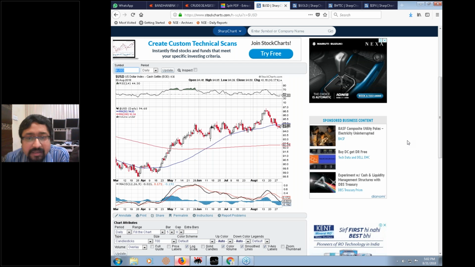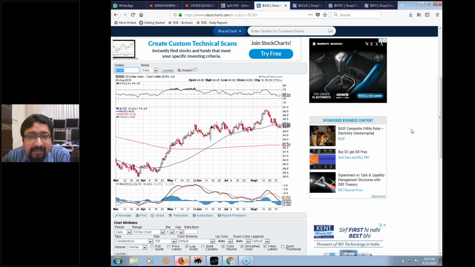So the trend is pretty clear. It is an uptrend. The last closing of the dollar index is at 94.6, and as you can see on this diagram, the 94 region is a strong support for the dollar index. If the 94 region gets broken downward, only then is some pullback expected. But nevertheless, it is an uptrend, and even the 200 DMA is far below.